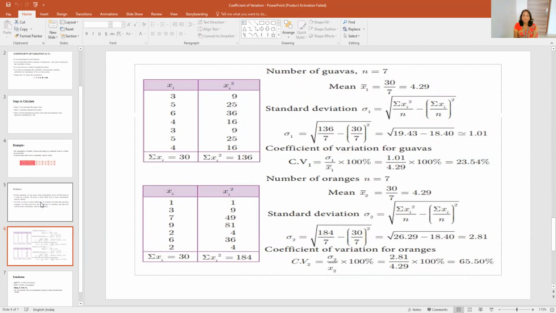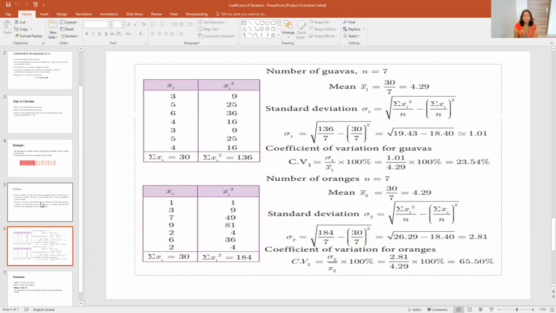The second step is to calculate the standard deviation. There are different formulas to calculate standard deviation, but here I will use this formula: root of summation of x square divided by n minus the whole square of summation of x by n.